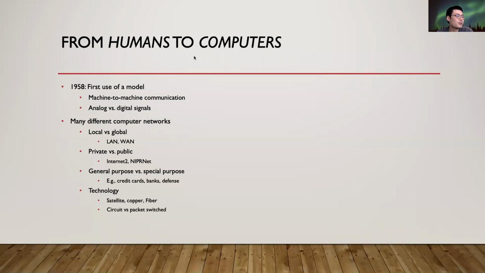Now for computer networks, we have a few different types. One type is called a LAN, local area network. This is a local network. For example, if you go to our computer rooms, once the pandemic is over, the labs in our computer rooms are connected by a local area network.